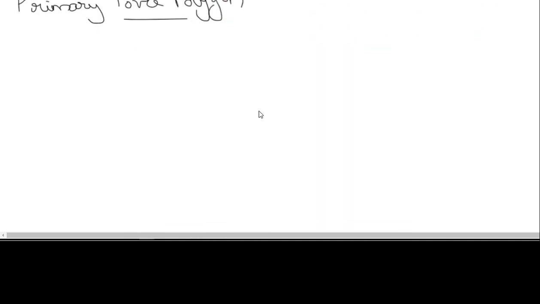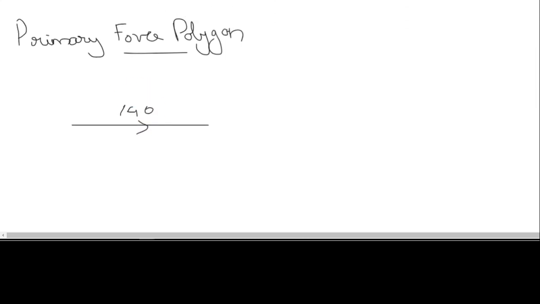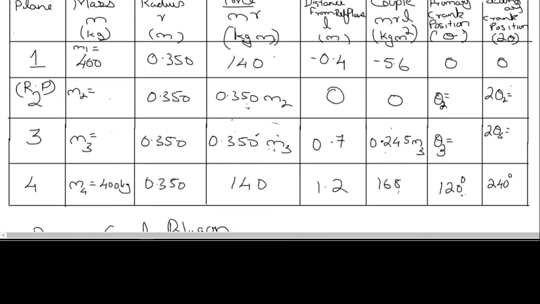So first we should draw 140, that is positive. So take it to appropriate scale and draw 140. This will be 140 force, and from there you should draw 120 degrees with another 140.